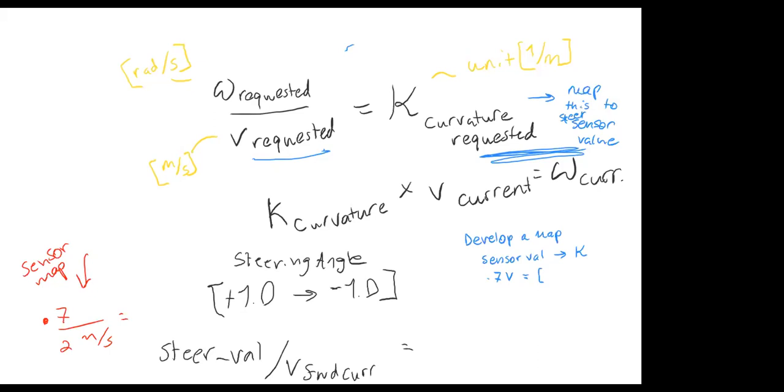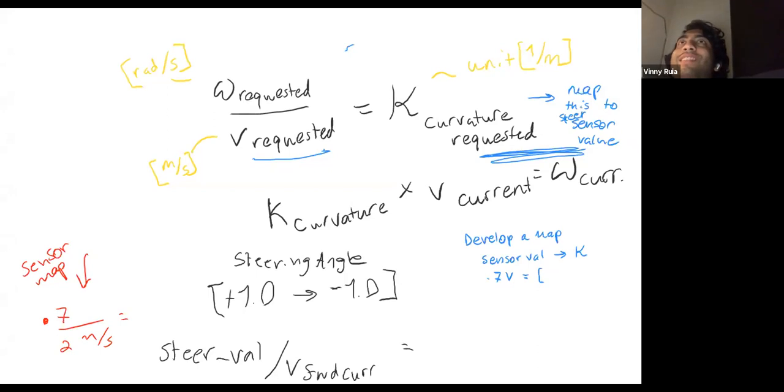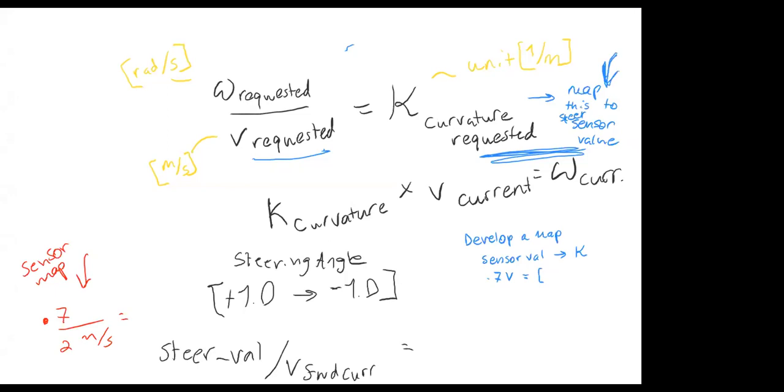Then you just plug the curvature into this map, and you know the sensor setting that is your target. Okay. So basically what we're describing here is how you get from a command velocity to a steering angle. And so you'll run your control loop on the sensor value because now you know the mapping. Okay, I understand.